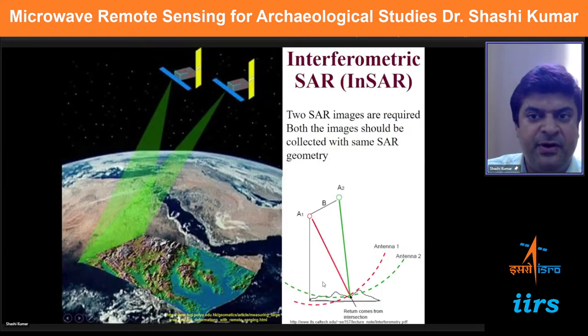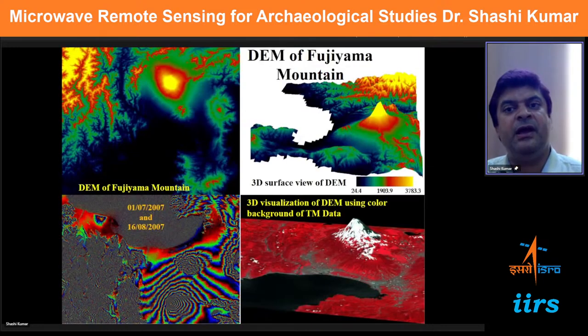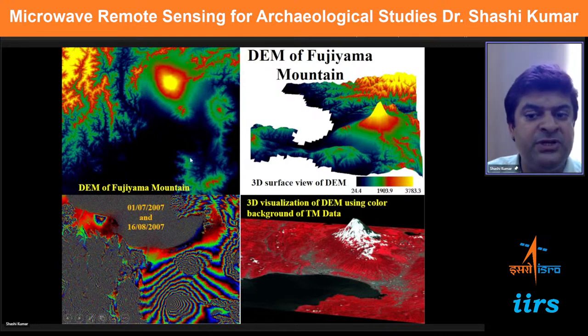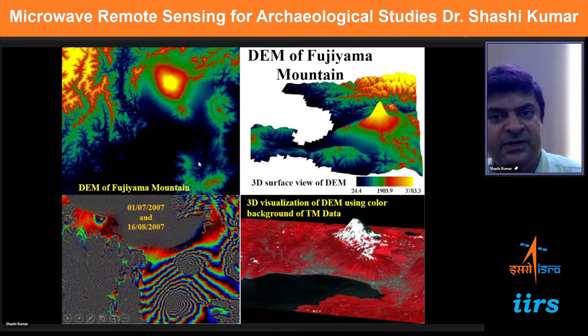Now, SAR interferometry, we already know that there is a requirement of two images. And with the help of SAR interferometry, you will be able to generate the digital elevation model, a 3D map of the study area.